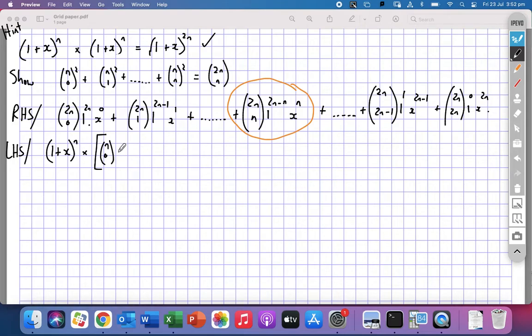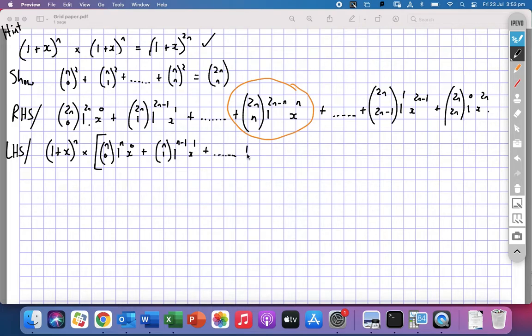Now I'll have to write out a few. This is going to be a little bit annoying. N choose 1, 1 to the, I might just write out 4, n minus 1, x to the 1.